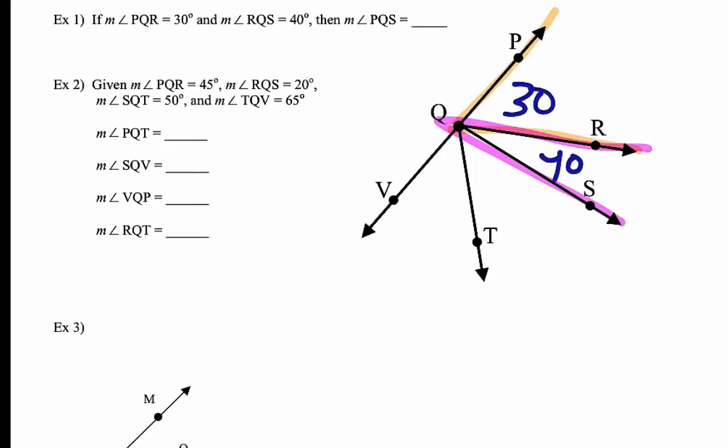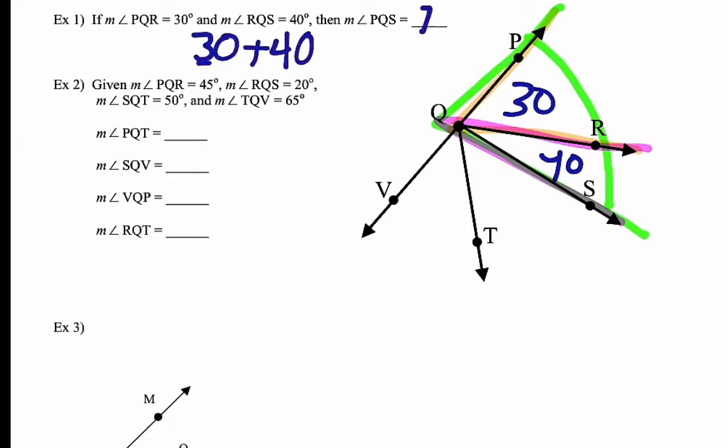So if I'm looking from P to Q to S, I can see that everything in between is that 30 and 40 degrees, so it's simply 30 plus 40 equals the whole angle of 70. And that's the angle addition postulate. Remember, a postulate is something that's so obvious that we don't really prove it, we just accept it and use it as if it were true.